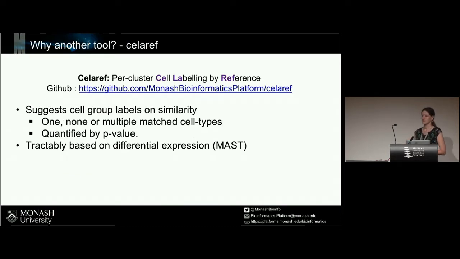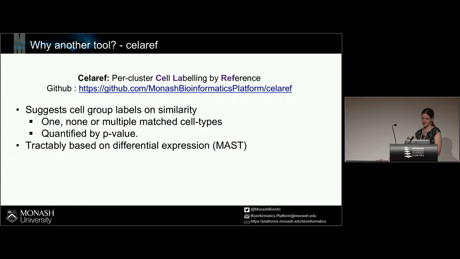So this is Celaref. It's up on GitHub if you're interested in looking it up. But what it does, its core function, is basically to take a single cell sequencing experiment's results and a reference data set from a similar tissue or similar samples, and use information from that reference to try and make up labels for your new clusters based on, hey, what group does this match?